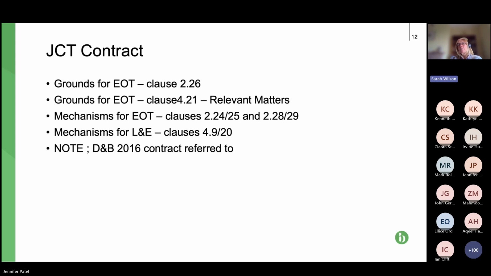The mechanisms for the EOT, again, clause 2.24 to 2.29. And for the loss and expense, the relevant matters, clauses 4.19 to 4.20. Gosh, this is a terrible slide. So if we can move on to the next slide, please.